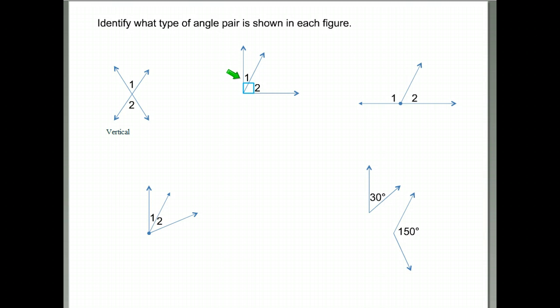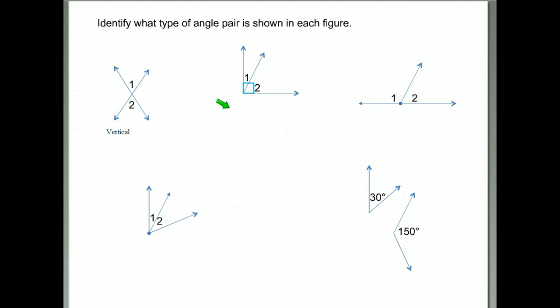Okay, let's take a look next at the next one. So this pair of angles here, what type of angles would those be considered? And there's actually more than one answer that applies to these. They are complementary, yes. They form a right angle, so you know that together they are 90 degrees.